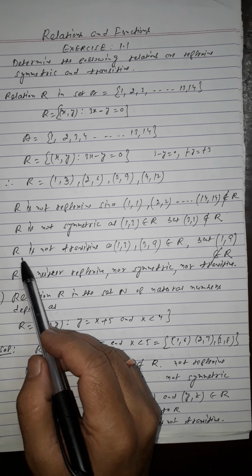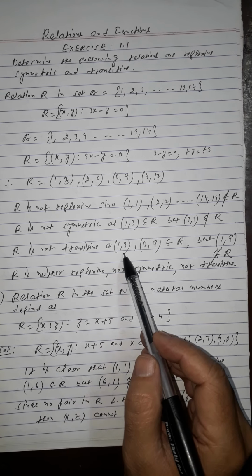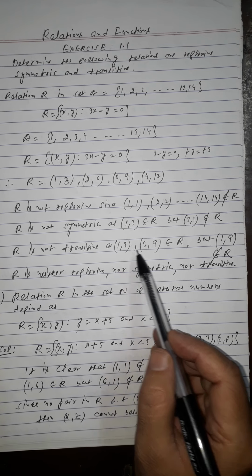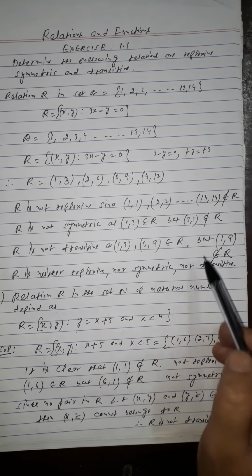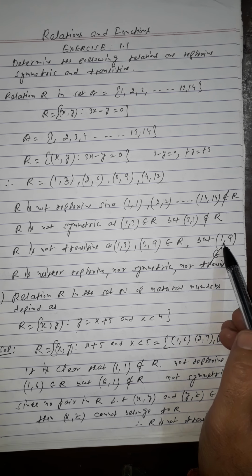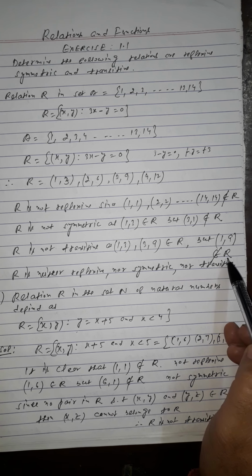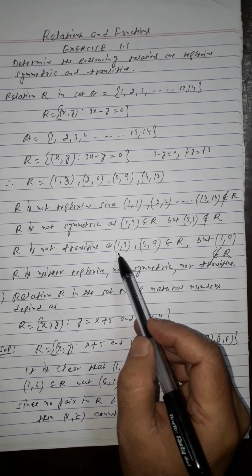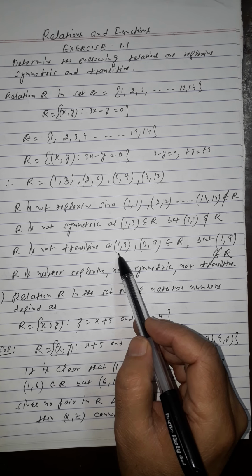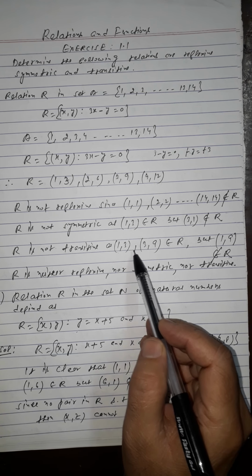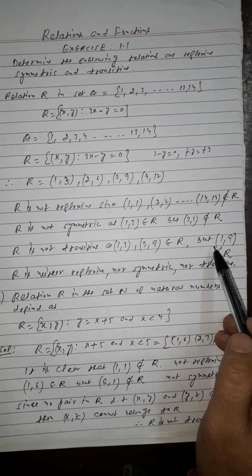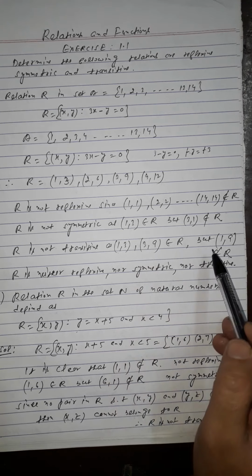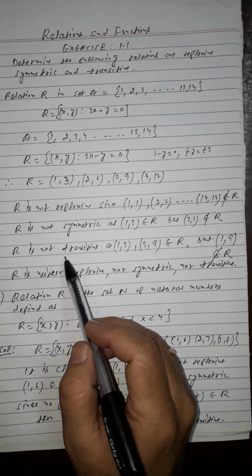So the third one: R is not transitive because here (1, 3), then (3, 9) belong to R, but you see that (1, 9) doesn't belong to R. In the definition I have told you that if (x, y), then (y, z) belong to R, it means (x, z) must also belong to R for the relation to be transitive.